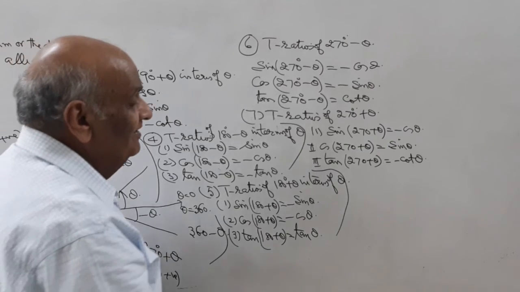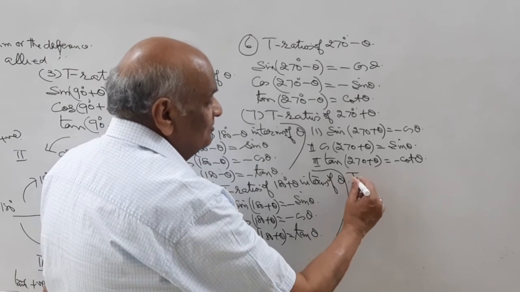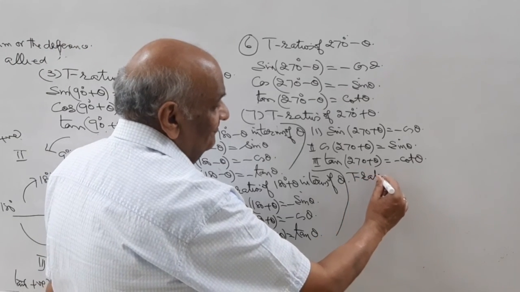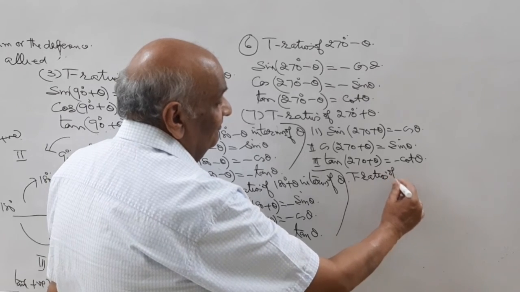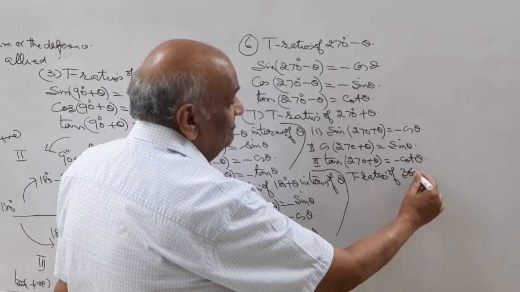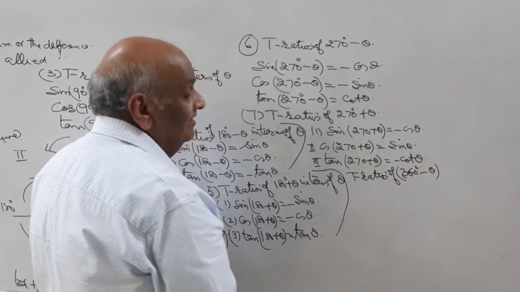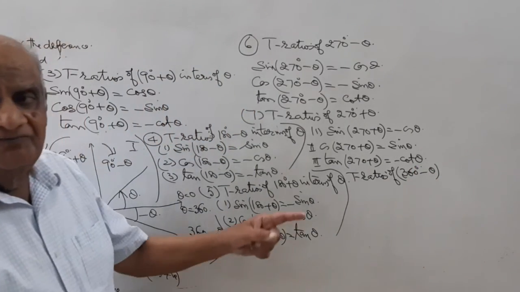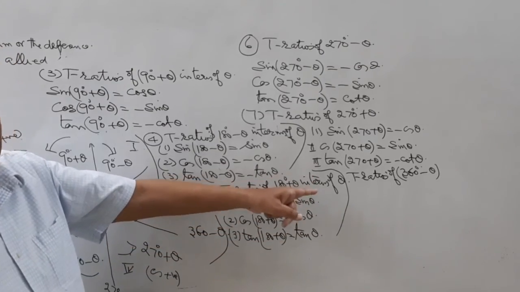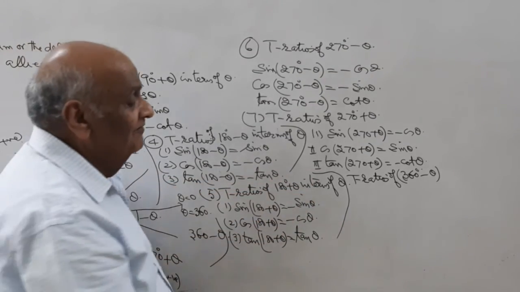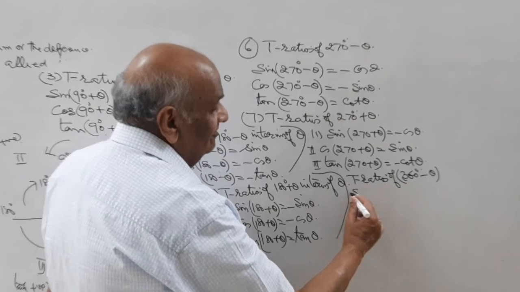And now finally we can go for T ratios of 360 minus theta. Look, the fourth quadrant again, but it is an even multiple of 90, fourth quadrant.